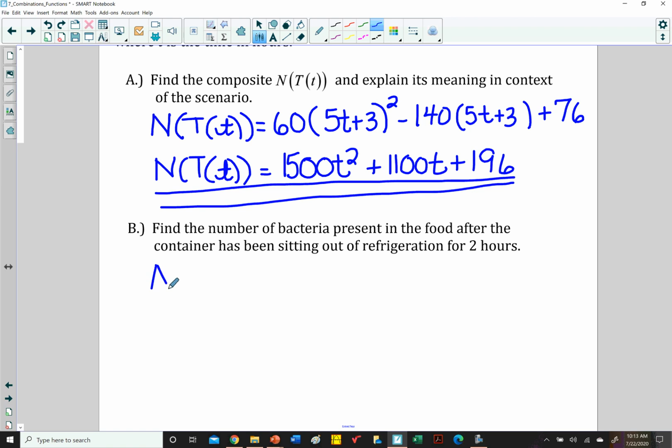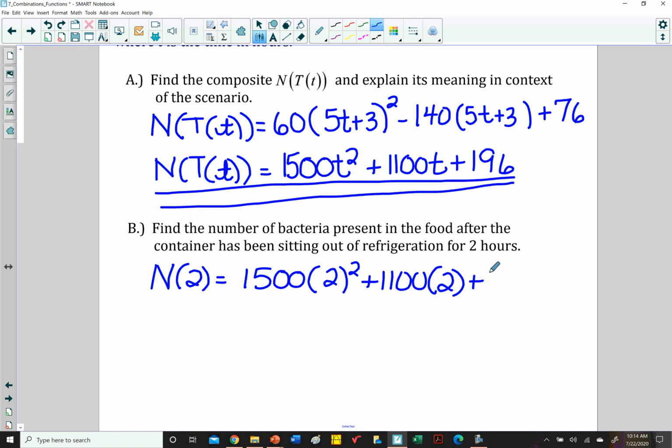So we want to find the number of bacteria present after 2 hours. Substituting into our composition, 2 squared and 1,100 times 2 plus 196. Again, I pre-calculated this.